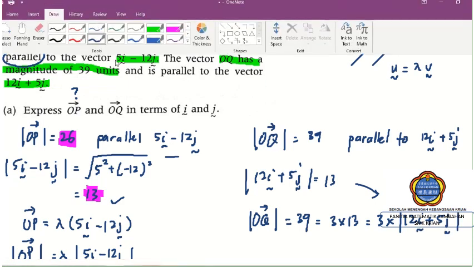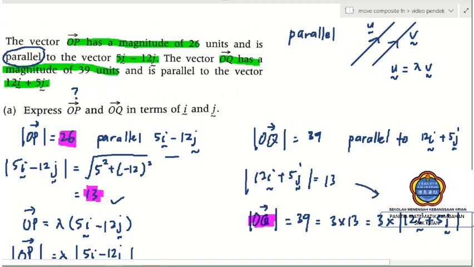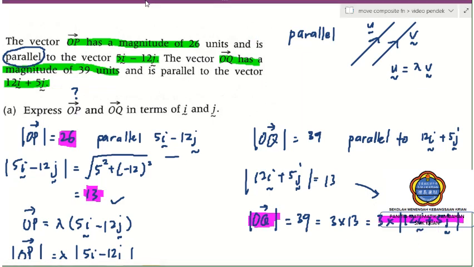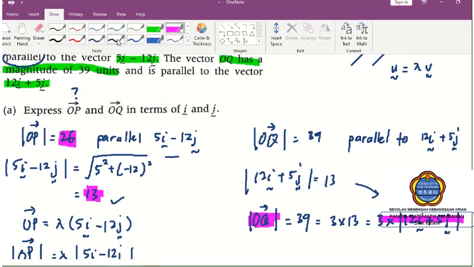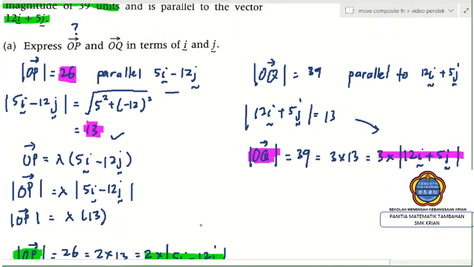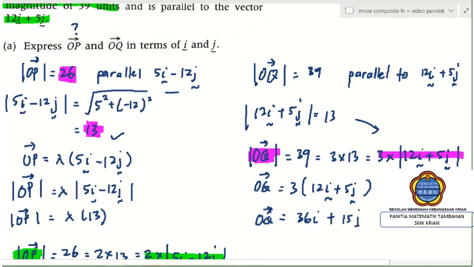Based on this, OQ magnitude is equal to 3 multiply magnitude of 12i plus 5j, and we can conclude that OQ is equal to 3 multiply vector 12i plus 5j, and OQ is equal to 36i plus 15j as our final answer.